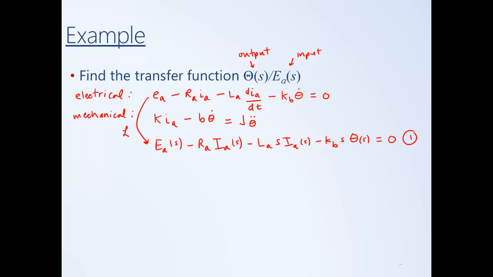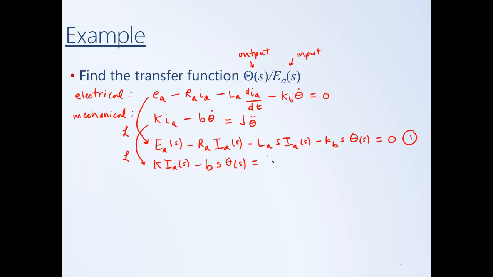Then we do the same thing for the mechanical equation. K is a constant. The Laplace transform of I sub A is I sub A of S. The viscous friction parameter is a constant. The Laplace transform of theta dot, we get S because of the differentiation.